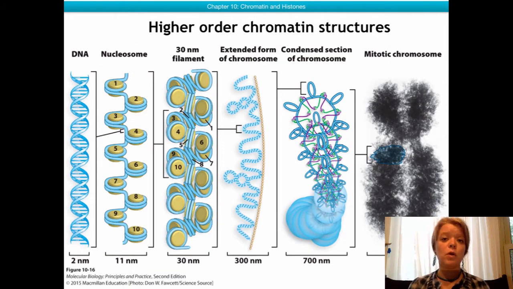Now, histones are not the only way to compact DNA into chromatin. The nucleosomes are called the 11 nanometer structure of chromatin, but there are higher order structures out there. They are either putative, have been observed in vitro but not in vivo, or proposed, and people are still working on that.